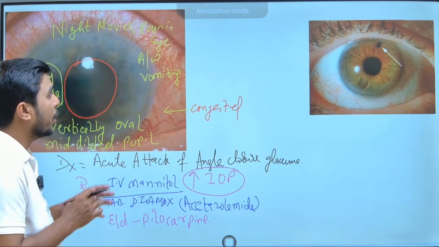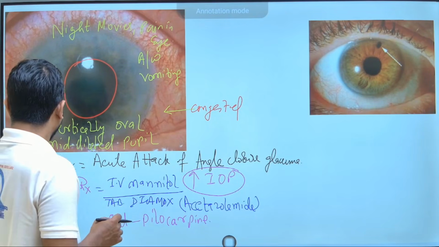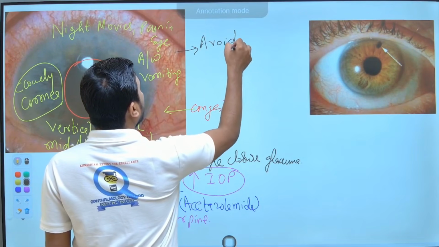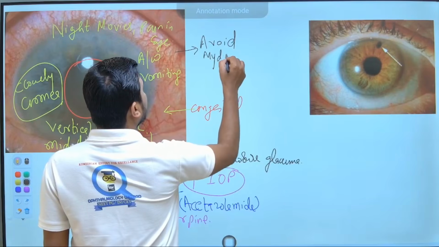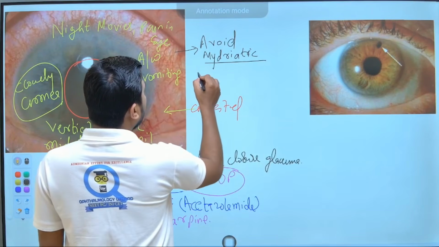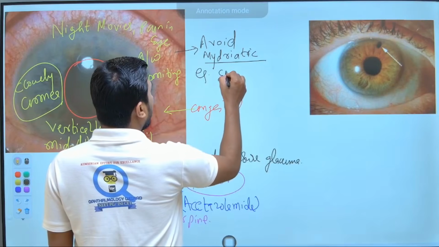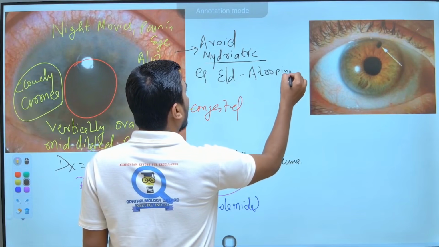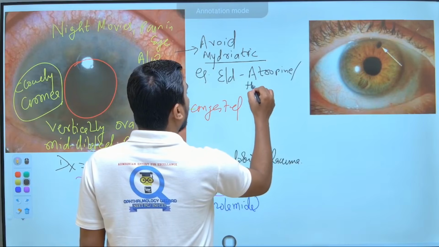What is most important here? Here you need to avoid one thing: mydriatics. An example of a mydriatic is atropine eye drops and homatropine.